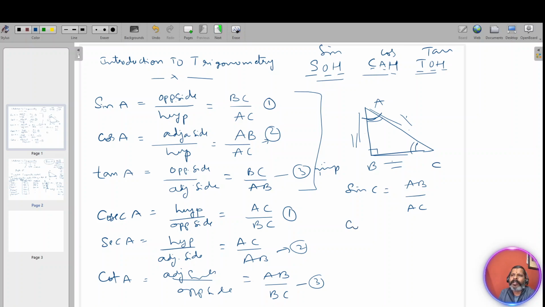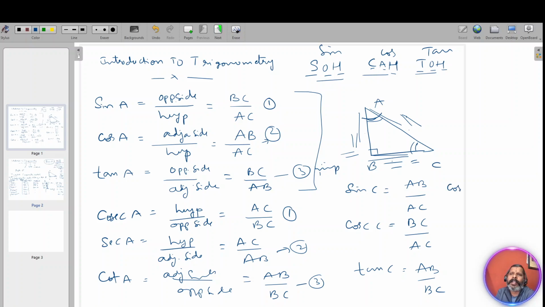Cos C is adjacent by hypotenuse. Adjacent is what? BC and by AC. Tan C is always opposite by adjacent, that is AB by BC.